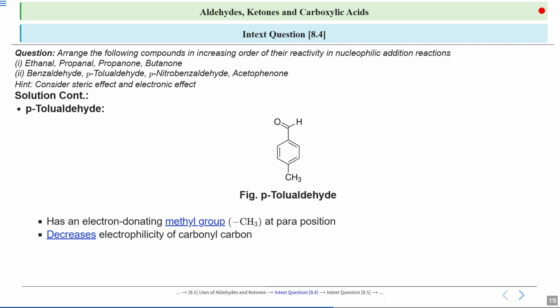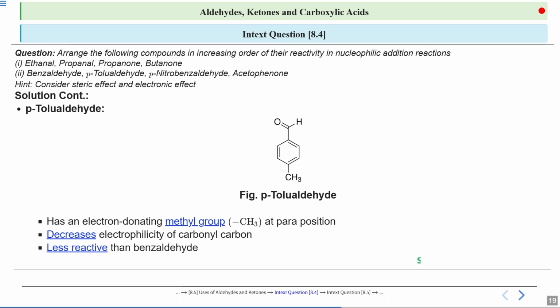So the carbonyl carbon is less reactive towards the incoming nucleophile. This is less reactive than benzaldehyde, because we have a CH3 group which is donating the electron density, reducing the electrophilicity of the carbonyl carbon.